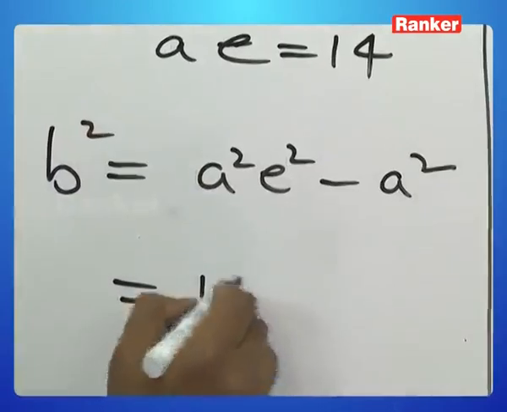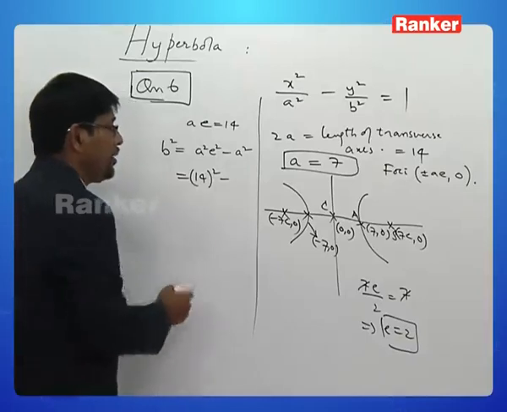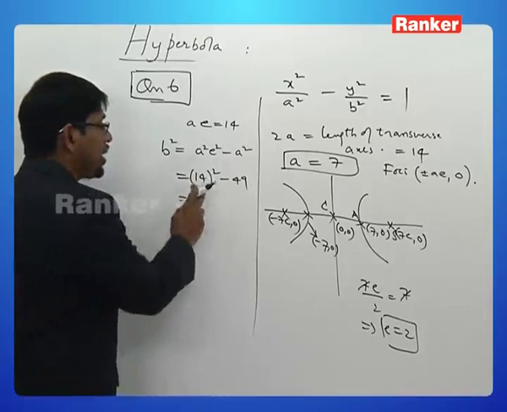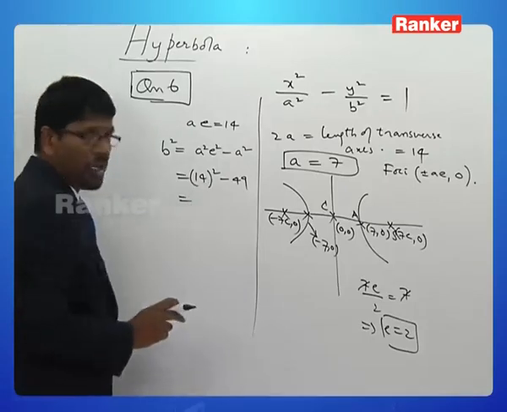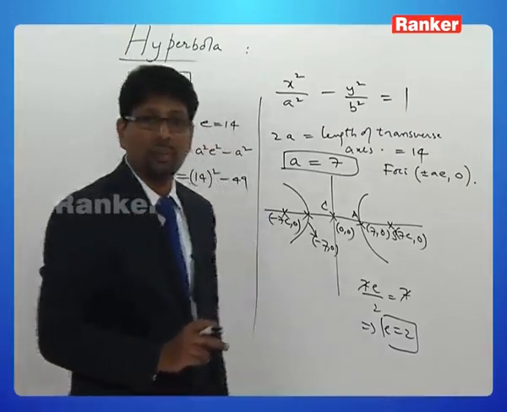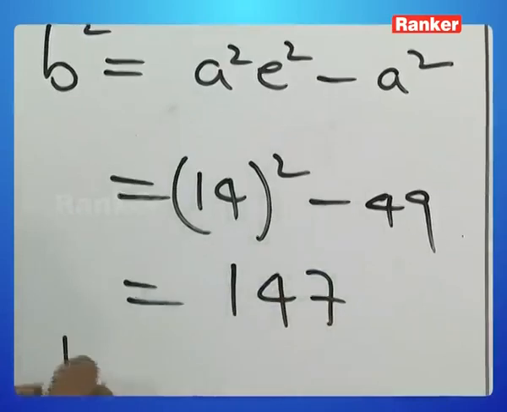That is 14 square minus A square, which is how much? A square is 49. 14 square is 196. 196 minus 49 will make it 147. B square is 147.